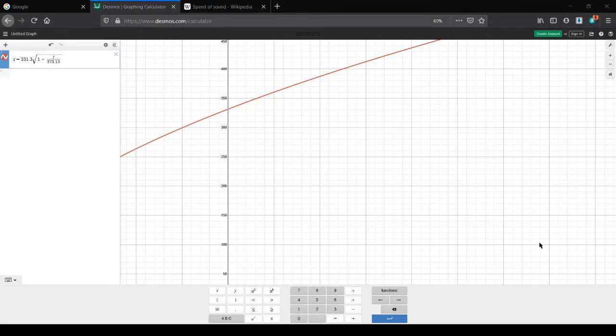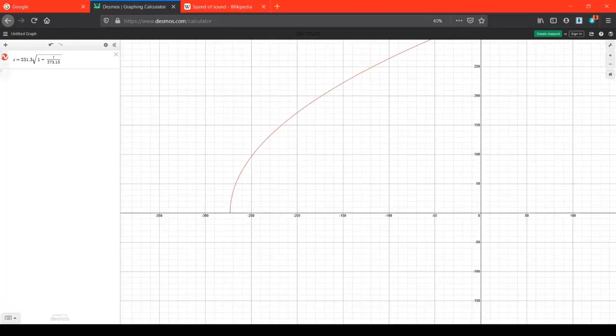For example, atmospheric temperature could be anywhere between -50 degrees Celsius up to 50 degrees Celsius. So in very cold conditions it could be -50, and when it's very hot, it could be up to 50 or even 55 degrees Celsius. And that formula is valid for those temperature ranges.